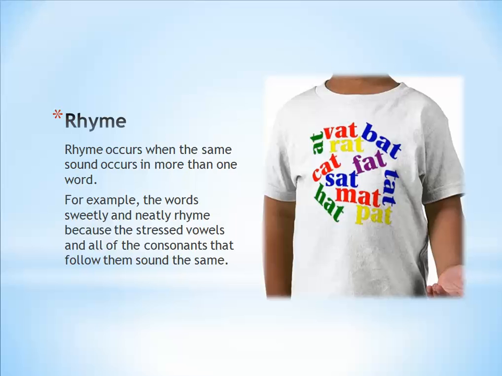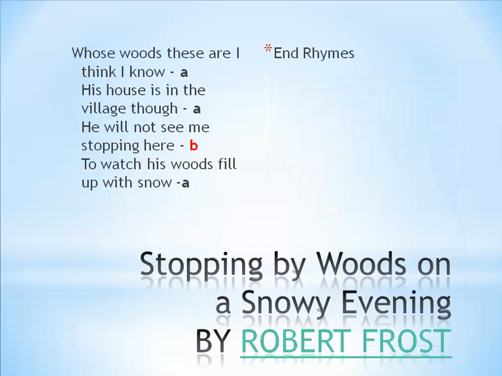Now let's put that together with what you might see in a poem that we're going to study. You're going to see something called end rhymes, meaning if you read through a line, the word at the end of the line may match with the word at the end of another line.